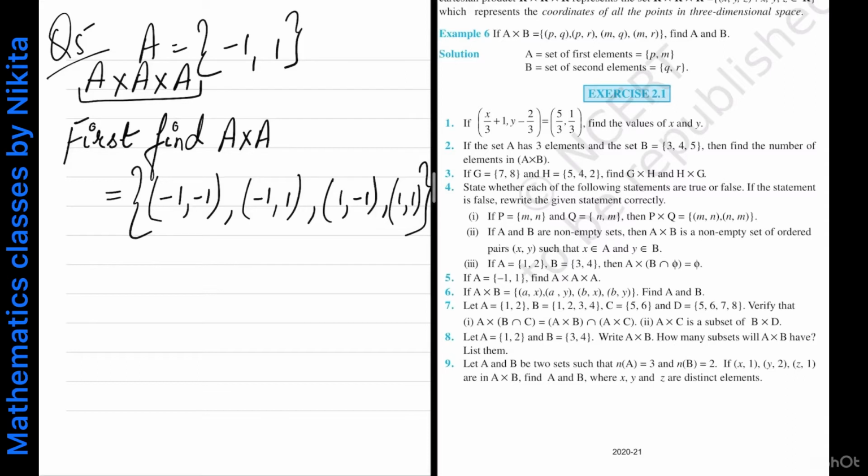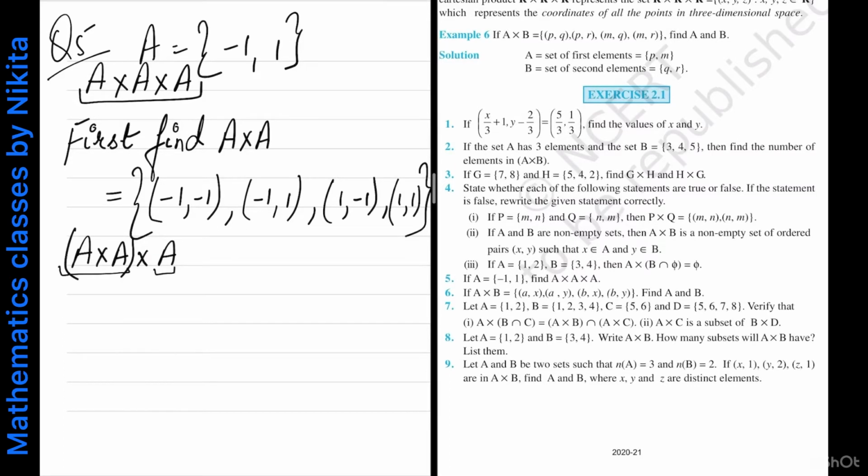Now you have to find A cross A with A. So now we will associate each element of A cross A with A. So this set will be equal to: first we will write (-1, -1), and then we will associate this with the first element of A, which is -1.